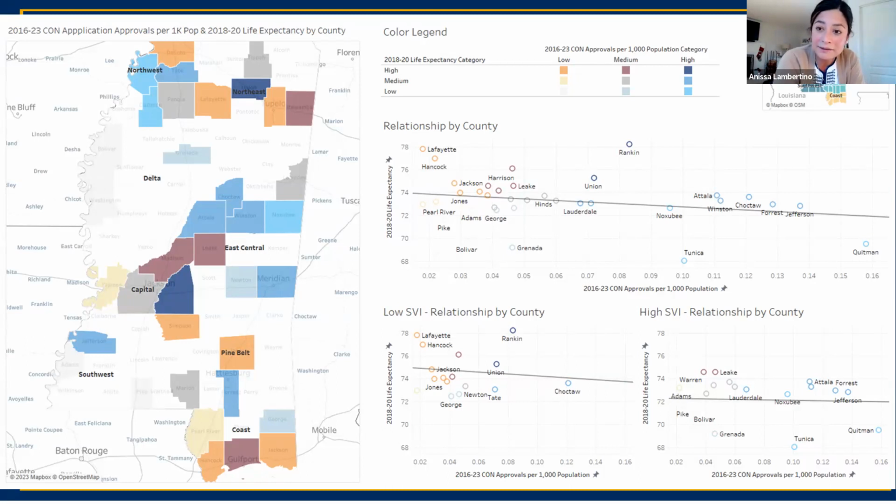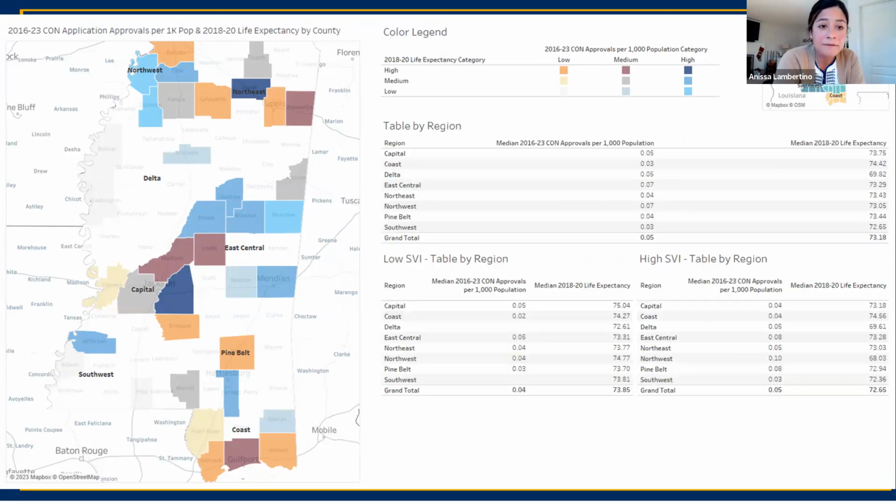If you go to the next slide, I've replicated the same map, but what I've done is create tables where I've aggregated the two indicators by region and also gave a grand total, so a benchmark to compare the regions to.